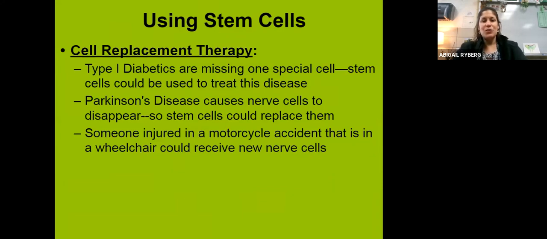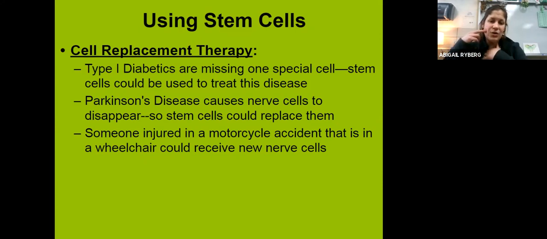Some more specific examples of types of therapy that we're feeling hopeful about is type 1 diabetes. This is someone that's born with the inability to produce insulin. Type 1 diabetics are missing one type of special cell, and stem cells could be used to treat this specific disease.